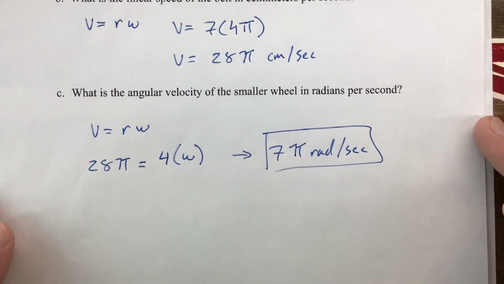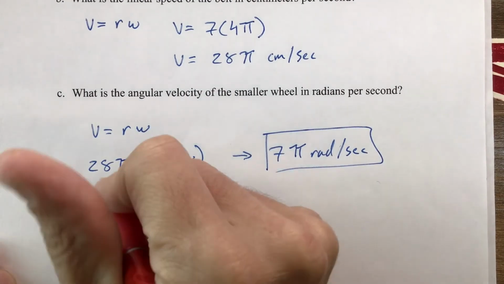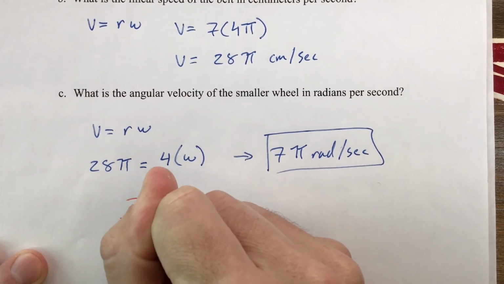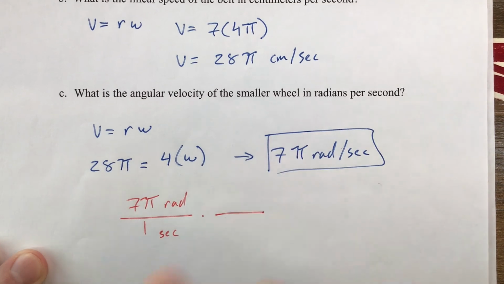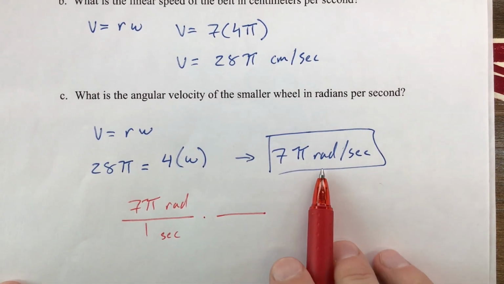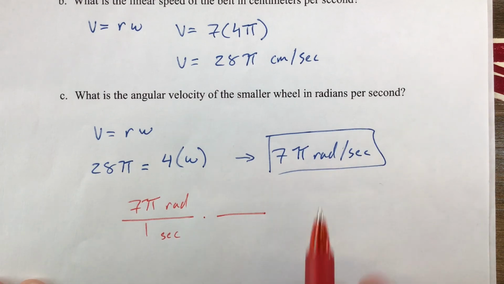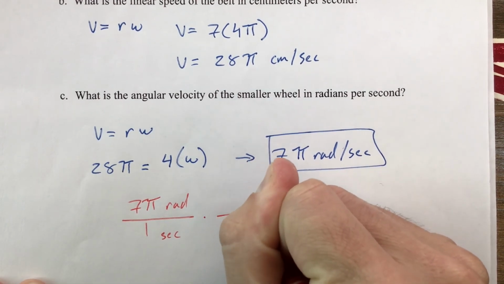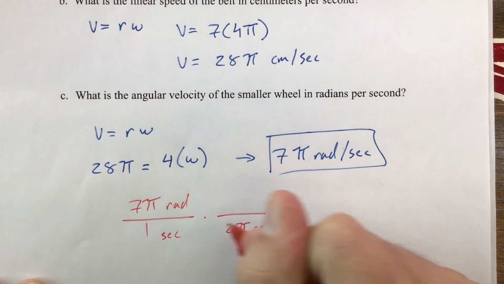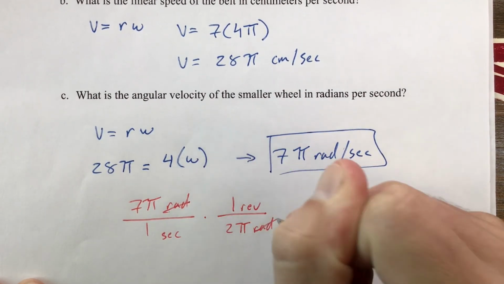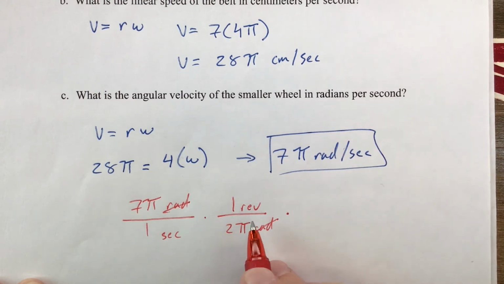And to do that, we're just going to use some dimensional analysis. We're going to take 7 pi radians per 1 second, and we're going to convert both the angle units and the time units. All right, so for the radians, 2 pi radians, I'll put that on the bottom so the radians cancel. 2 pi radians is equal to 1 revolution. Okay, so that'll get us into revolutions.